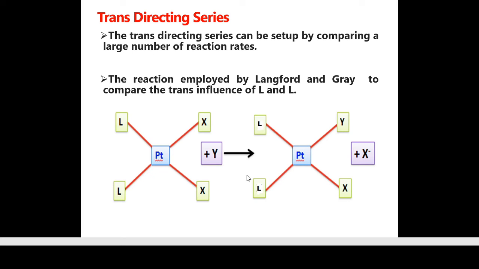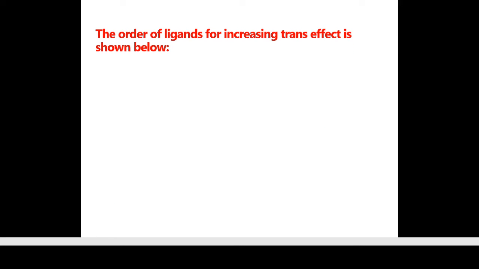This is the trans-directing series. As I have told, the trans-directing series can be set up by comparing a large number of reaction rates, and the reaction employed by Langford and Gray to compare the trans influence of L and L'. This Y is situated at the position of this X, meaning this is the trans effect of this ligand. So let's see the order of ligands for increasing trans effect.